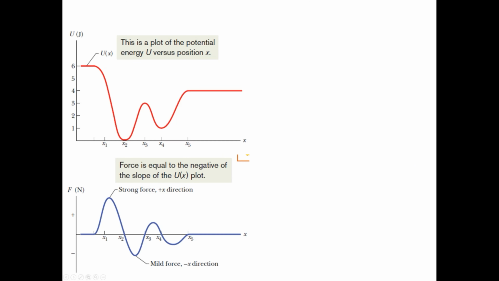If we take the differential at every single point and draw a graph of the slopes, we know it's minus dU/dx, so we will get minus whatever plot we have here. So if here we have positive, here we will have negative, negative, positive, and so on and so forth.